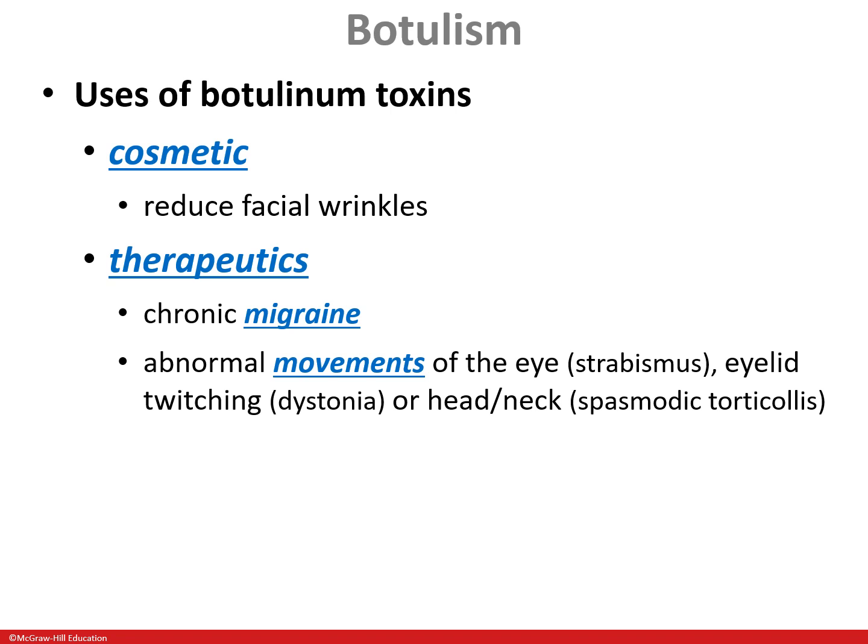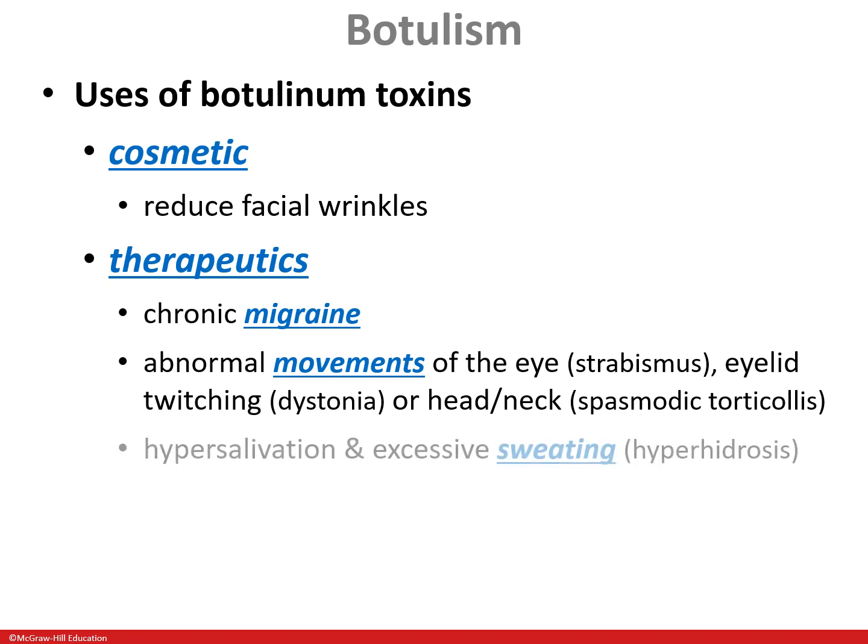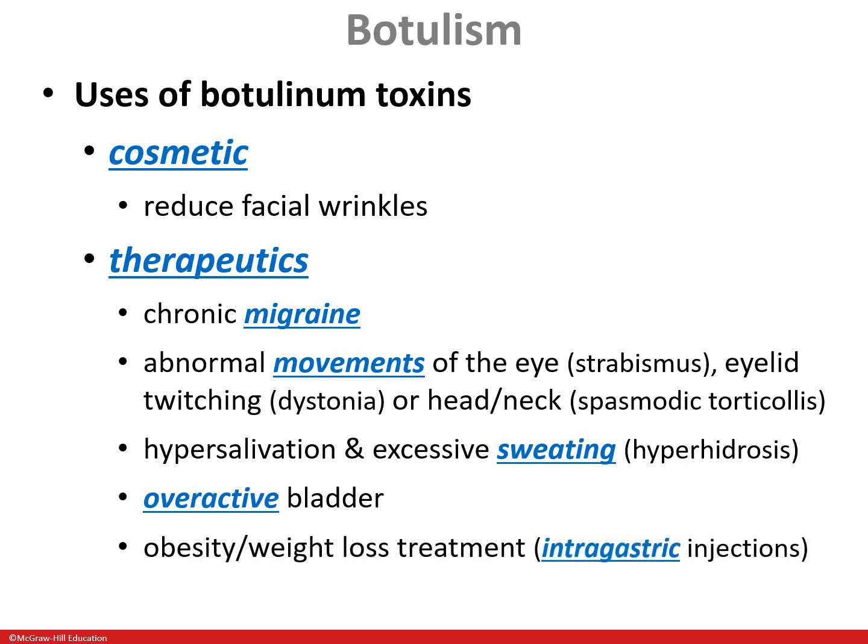In some cases, so eye movements, eyelid movements, what they call spasmodic torticollis, where you have neck and head spasms, those have been treated effectively with botulism. In some cases, things like excessive sweating and over saliva production have been treated with botulism. Even cases of overactive bladder, if you could paralyze those muscles that are hyperactive.